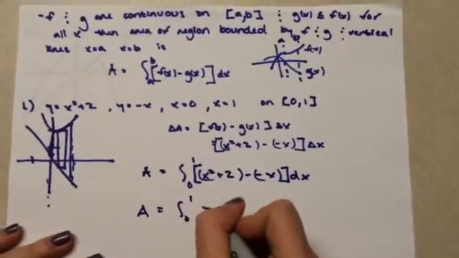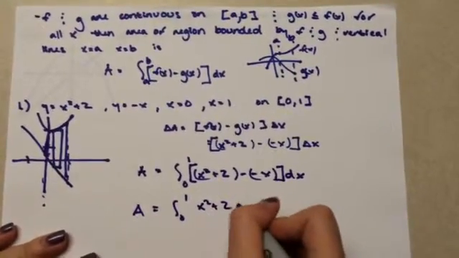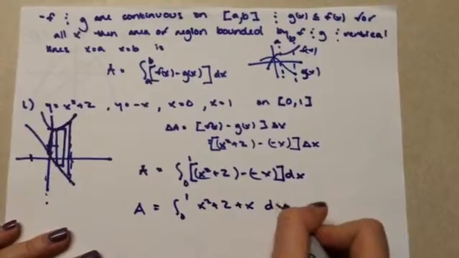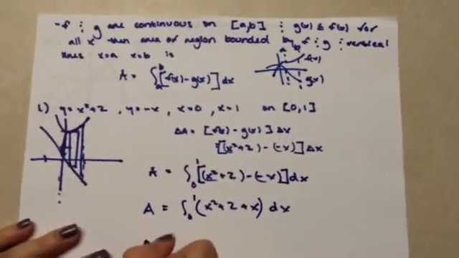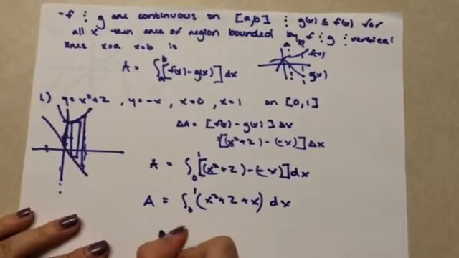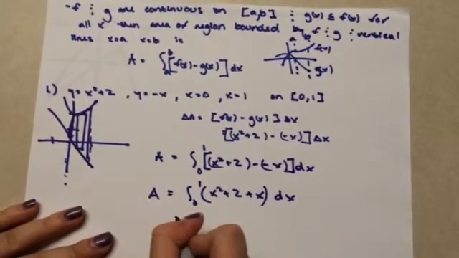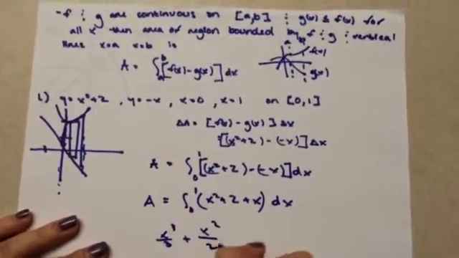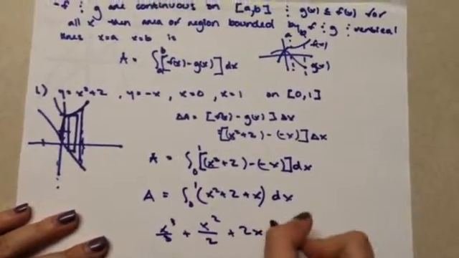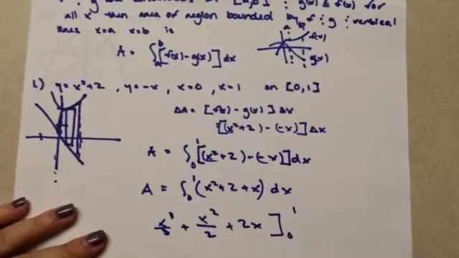Okay, so just solving this out. And then when we take the antiderivative, we're going to get x cubed over 3 plus x squared over 2 plus 2x evaluated from 0 to 1.